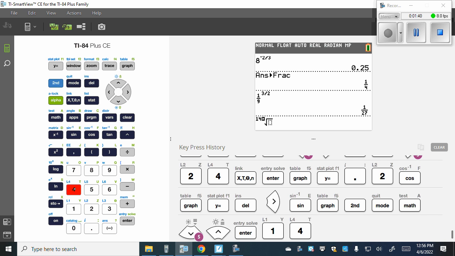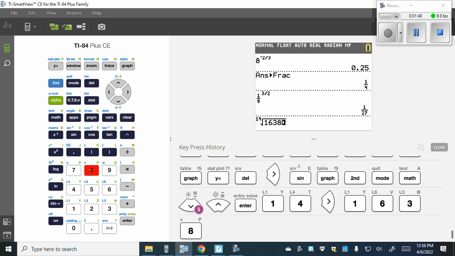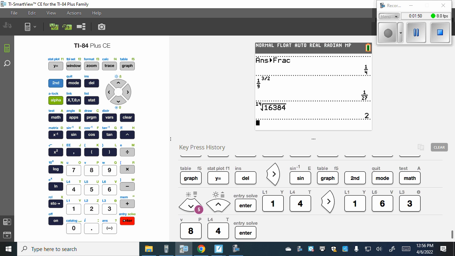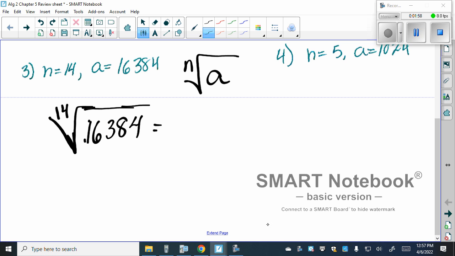And this one we want the 14th root of 16,384. Enter. And it's 2.